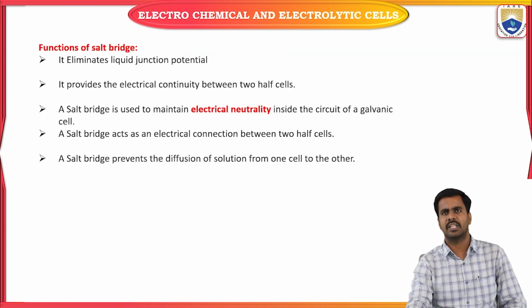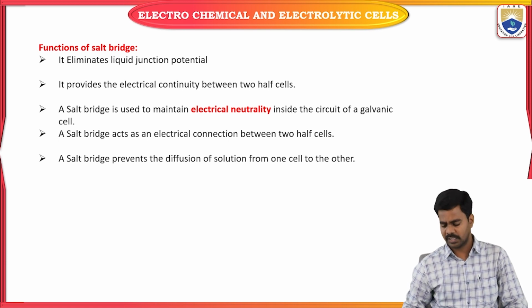What are the functions of the salt bridge? It eliminates the liquid junction potential. It provides electrical continuity between the two half cells. And the major role of the salt bridge is to maintain electrical neutrality inside the circuit.